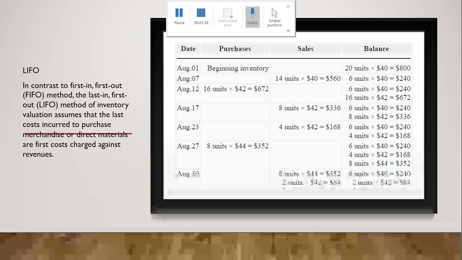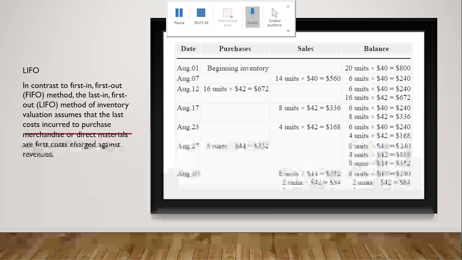In other words, it assumes that the cost of merchandise sold in a merchandising company, or the cost of materials issued to the production department in a manufacturing company, is the cost of the most recent purchases.